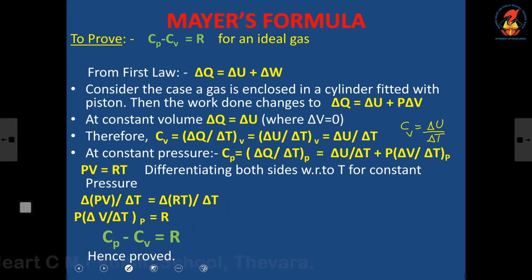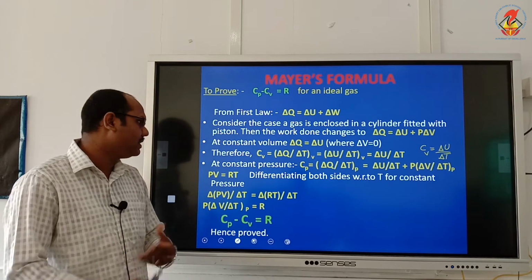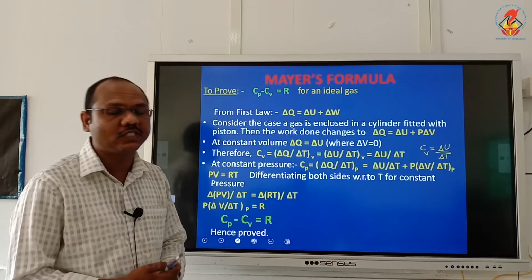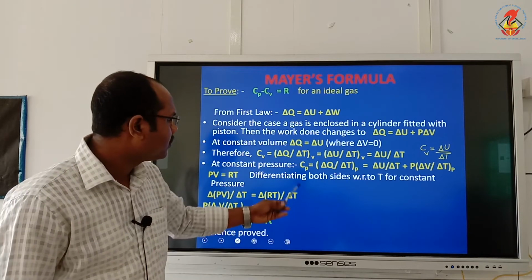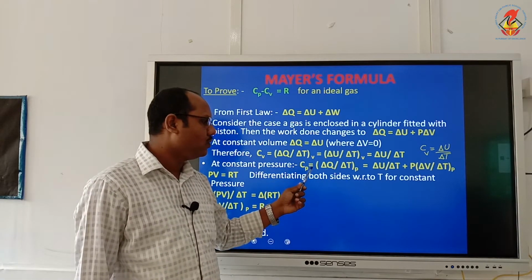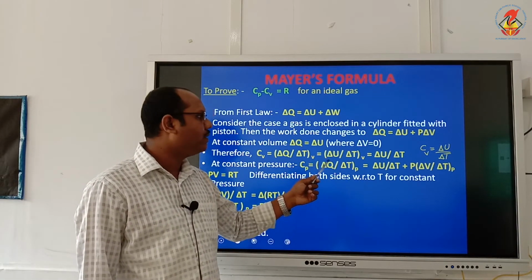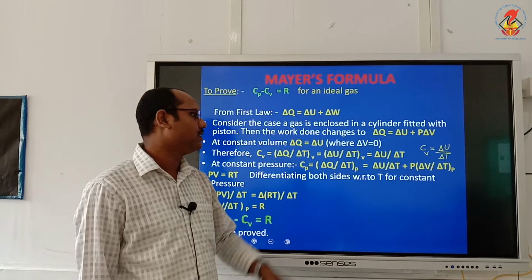Now, I am going to heat the gas at constant pressure. So, Cp is equal to delta Q by delta T at constant pressure.